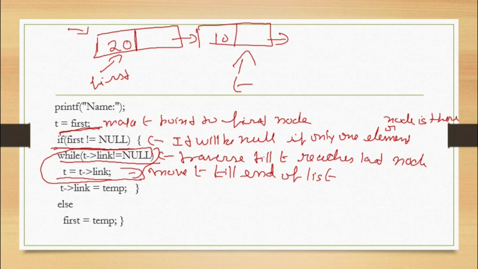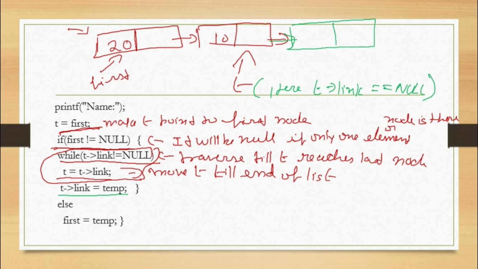So here t of link will become equal to null. At that time we need to do this step, that is, t of link is equal to temp. Temp was created earlier, students, we have already seen that in the algorithmic part.